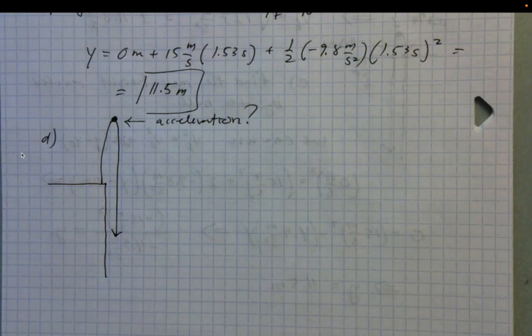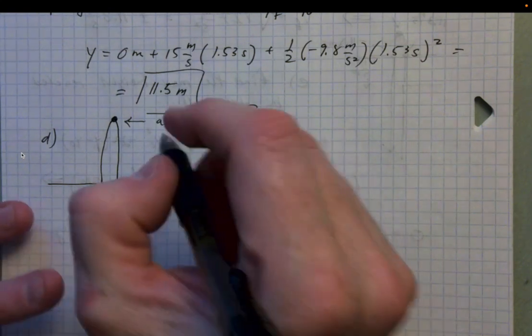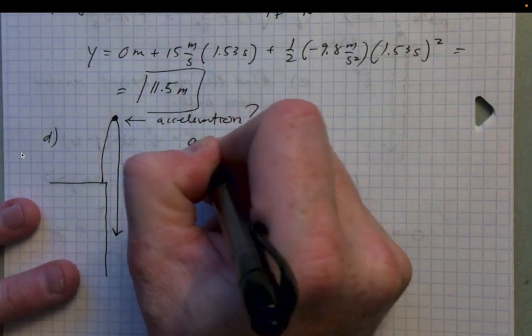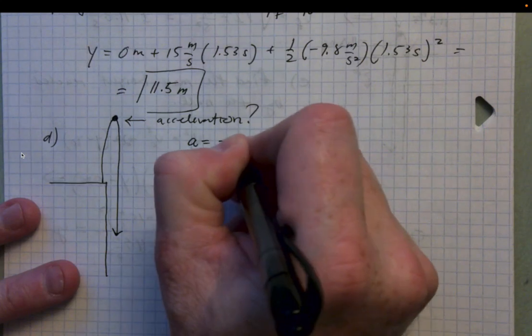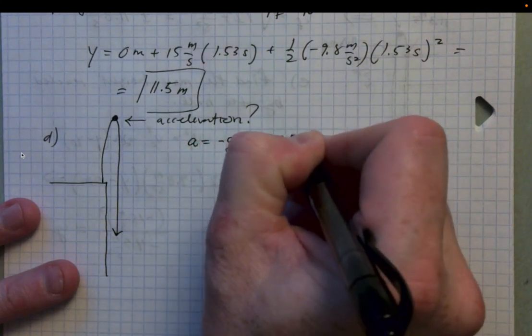Otherwise it wouldn't move, it would just stay, right? So the fact that the acceleration is not 0 at the top, and coupled with the fact that gravity doesn't just turn off when the ball hits the top of its trajectory, means that the acceleration is the acceleration due to gravity. So the acceleration at the top of the trajectory is negative g, negative 9.8 meters per second squared.